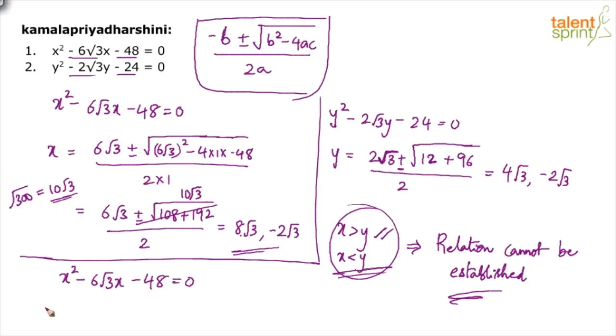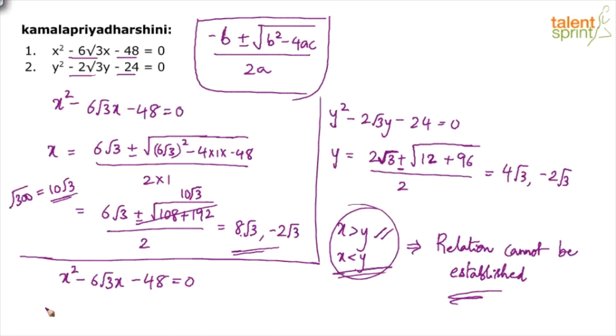Try to compare this with the general form of a quadratic equation. Or rather, let's say when you have a plus b whole square, it is a squared plus 2ab plus b squared, and a minus b whole square is a squared minus 2ab plus b squared.